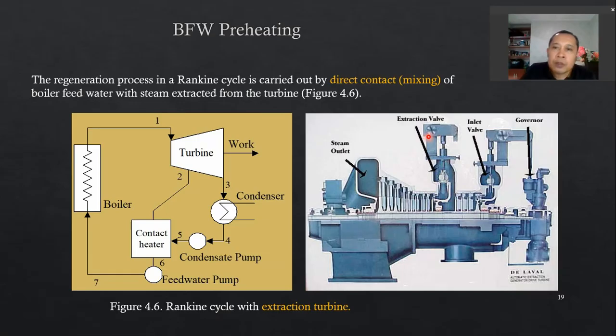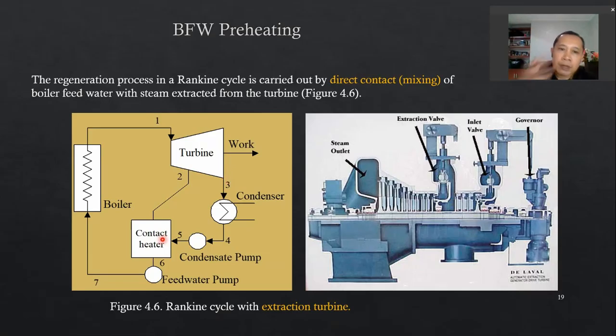Of course, when you extract steam, you will lose some of the work that can be produced by the turbine. But in the bigger picture, that is not a big loss because you can use the extracted steam for something else. In this case, we use the extracted steam to heat up the boiler feed water through direct contact.